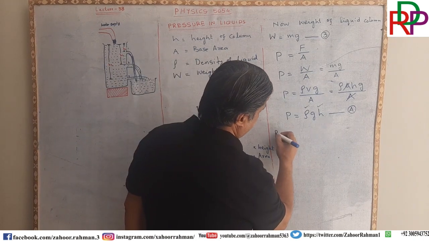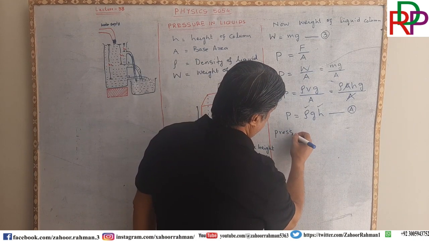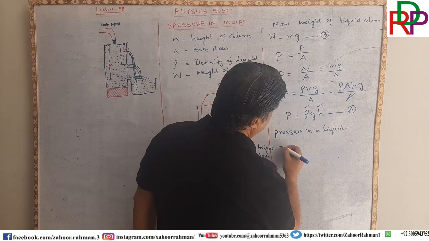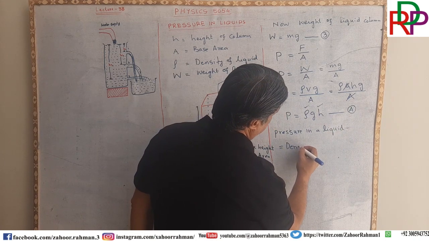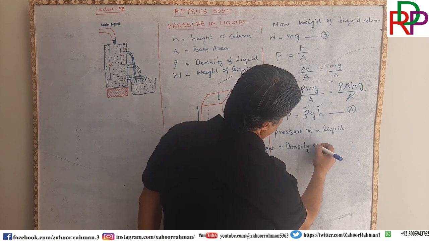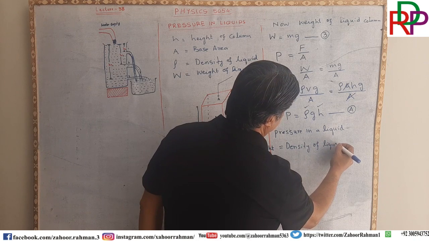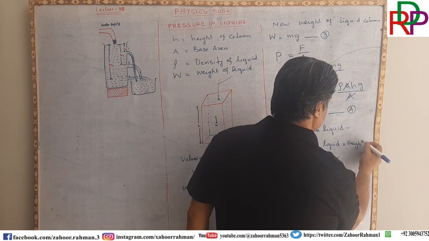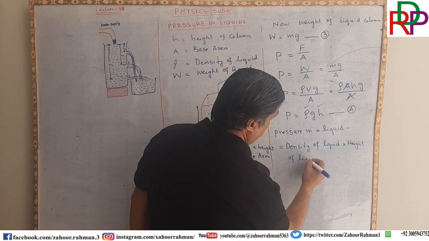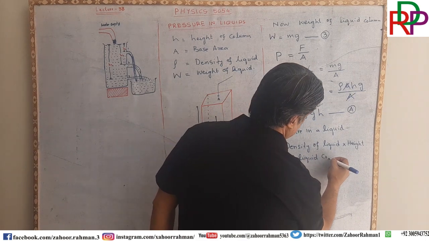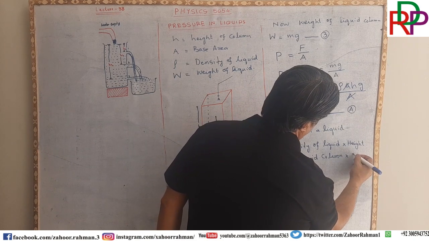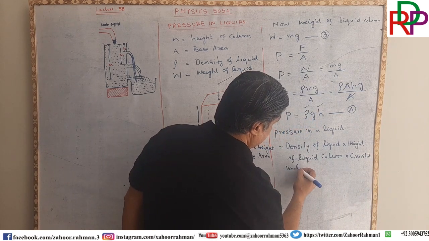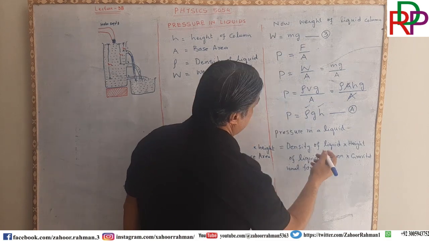So I can write: pressure in a liquid is equal to density of liquid multiplied by height of the liquid column multiplied by gravitational field strength g.